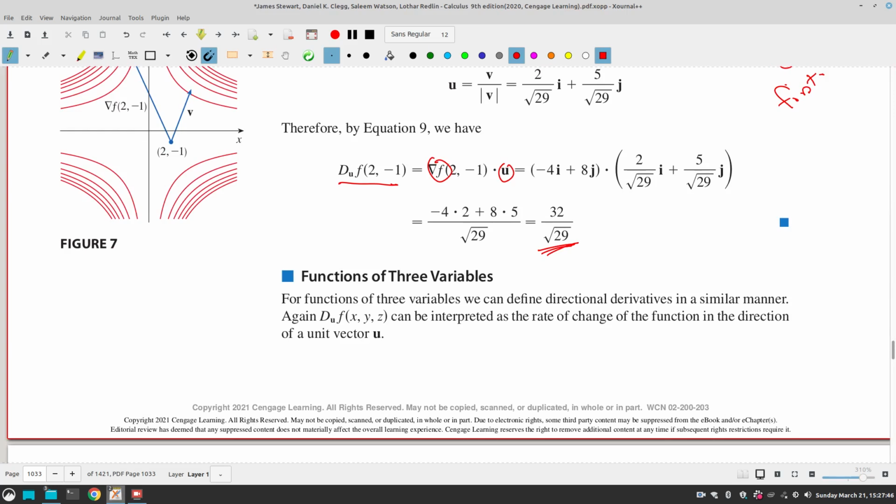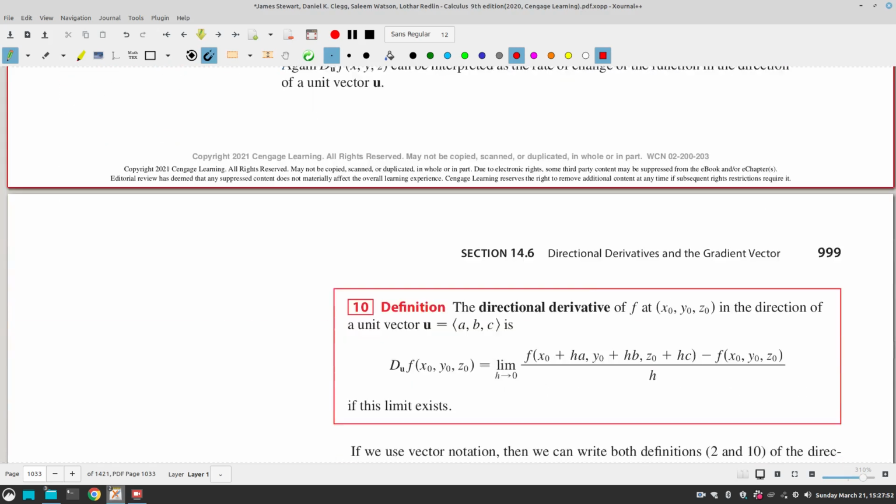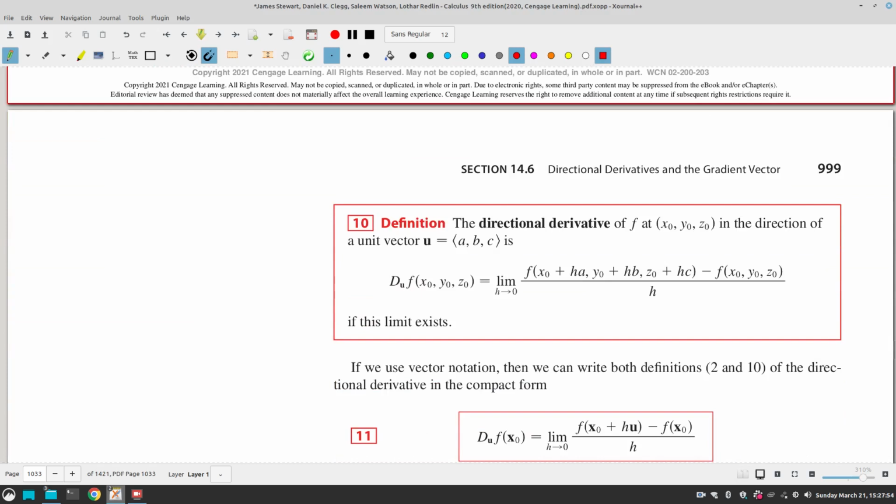And similarly, you can define directional derivatives for functions of 3 or more variables. So D_u f of (x, y, z) is given by the limit as h goes to 0 of f of (x0 plus ha, y0 plus hb, z0 plus hc) minus f of (x0, y0, z0), divided by h, if the limit exists.